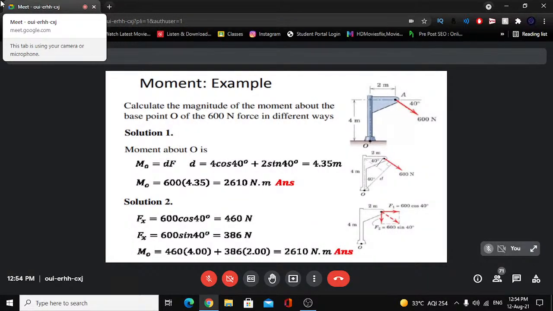For this, one concept is to find the perpendicular distance D from the point about which we want to find the moment. So we drop a normal from O on the line of action of force F, which is D here. Our task is to find D. First we need to express these angles. This angle is 40 degree, so the opposite angle here will also be 40 degree.